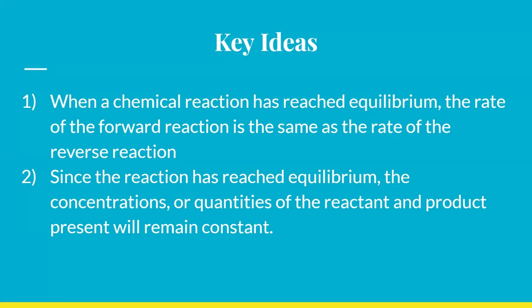That does not mean that there is no movement or no energy involved. It means that there's actually constant motion. And that constant motion is creating a situation that allows that equilibrium to be maintained. And that constant motion is known as it being dynamic. So it is constantly adjusting to preserve the equilibrium.